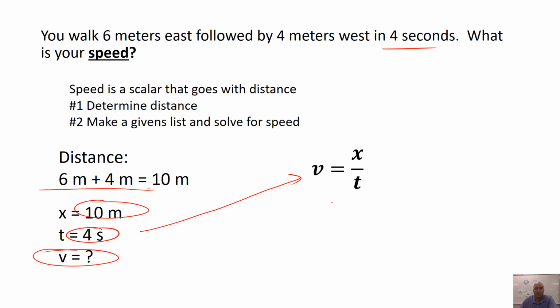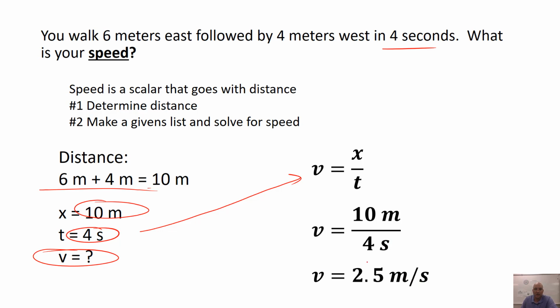We find this equation, and now we're ready to plug in the numbers. So our x was 10 meters. Our time was 4 seconds. We do the math, we get 2.5 meters per second. Once again, we were trying to solve for speed, so we're using the scalar distance to solve for speed. If we're solving for velocity, which we're going to do next, we're going to use the vector displacement.